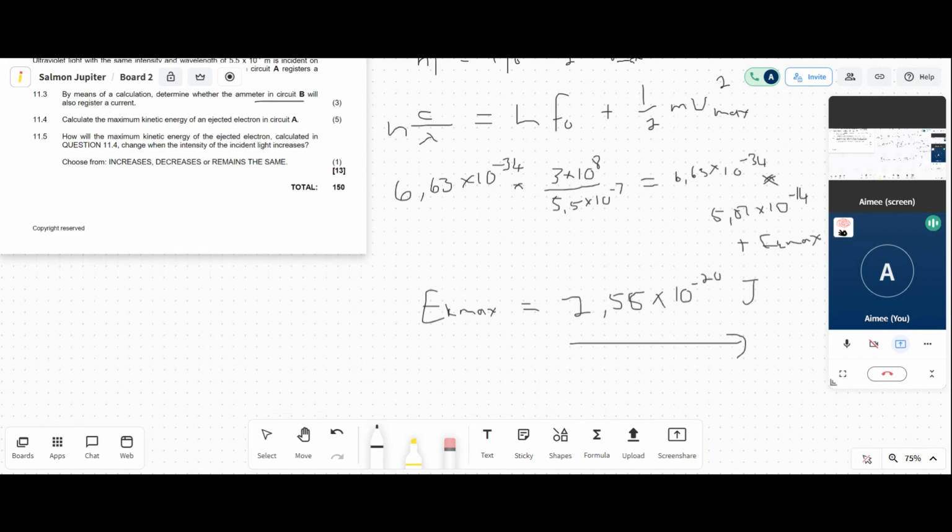It's not going to change. Increasing light intensity increases the number of electrons that are ejected. It doesn't increase the EK max. So increased light intensity equals more electrons ejected.